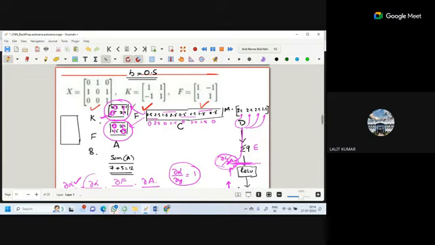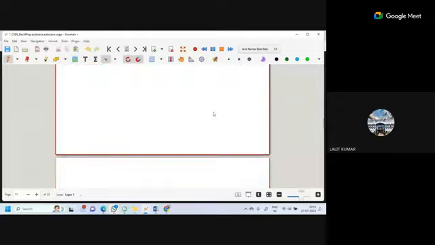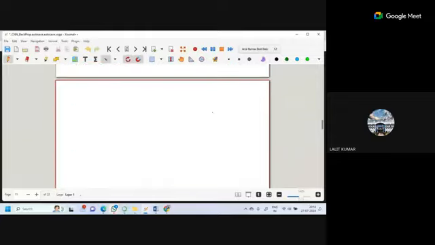There are two questions in your PYQs of the same nature. I request all of you to kindly solve these questions. It will give you a lot of confidence and your concepts will become clear. So the important concepts we have seen: at the output layer, find the loss derivative.